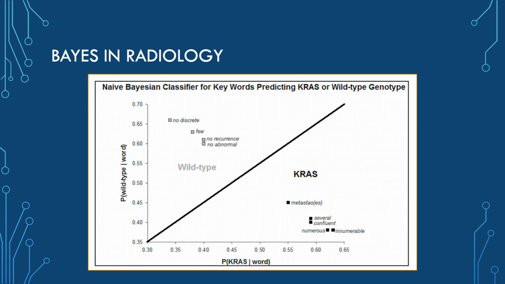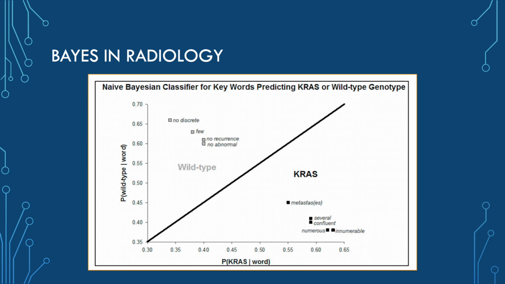Prashad et al. demonstrated that using naive Bayes over key terms and phrases in over 300 radiology reports describing colon adenocarcinomas, multiple terms are highly correlated, as in the figure below, with specific pathologies. Patients whose reports contained all 4 words associated with KRAS mutations had lower than a 1% chance of not having the mutation.